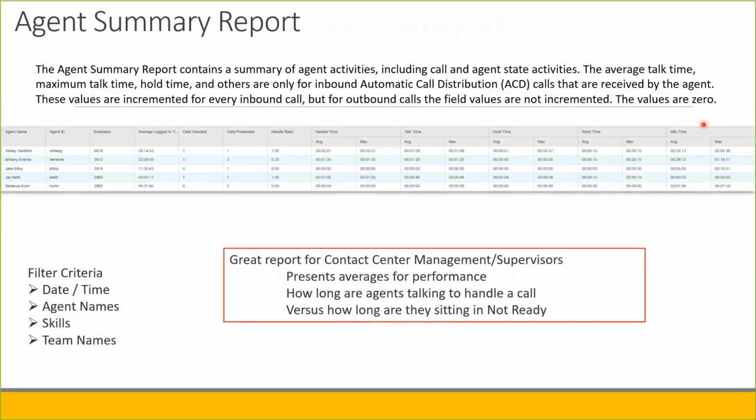Or do I know, oh yeah, that number's higher because I assigned Ashley to a special project today for 2 hours and took her off the phones. So again, these are clear indicators that can help with coaching. And ultimately, the better our stats here and the better these KPIs are, the better the CSQs perform overall.